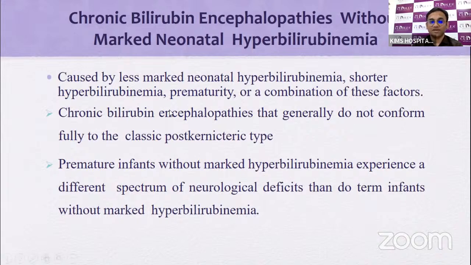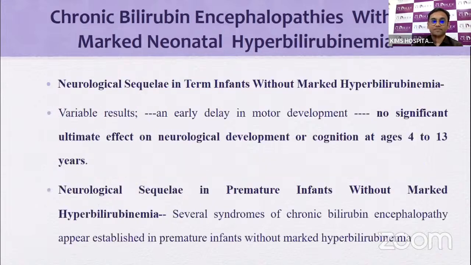However, this kind of encephalopathy may not follow the full classical picture of the post-kernicteric type. As we have discussed, premature infants without marked hyperbilirubinemia can have this kind of bilirubin encephalopathy. However, the spectrum of neurological defects is different compared to term babies who don't have significant hyperbilirubinemia.